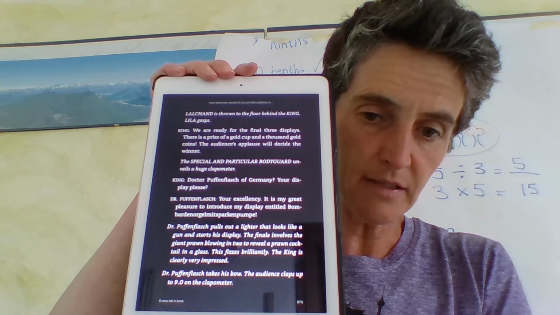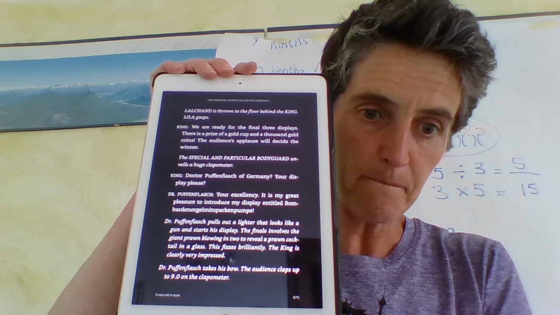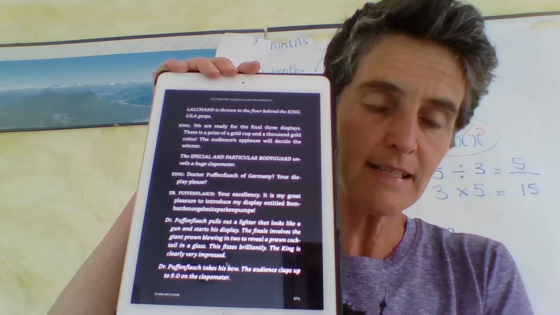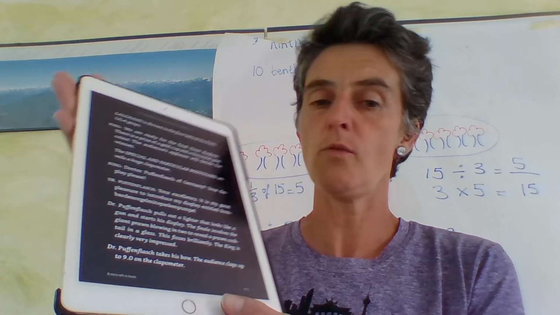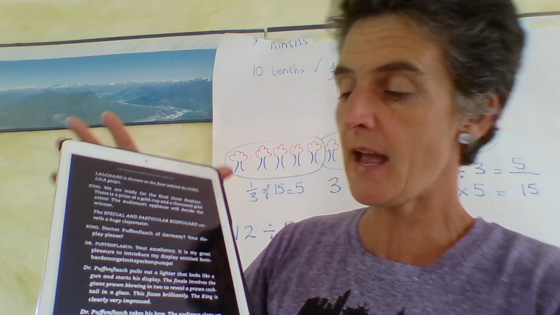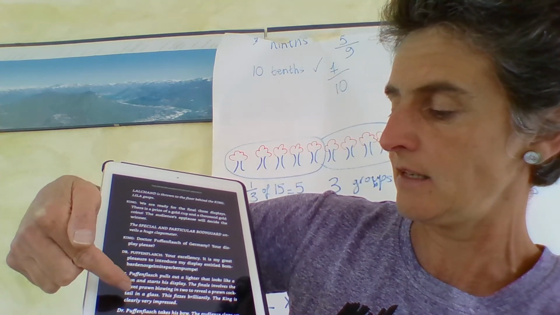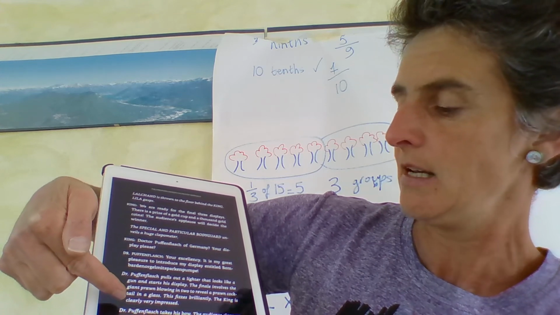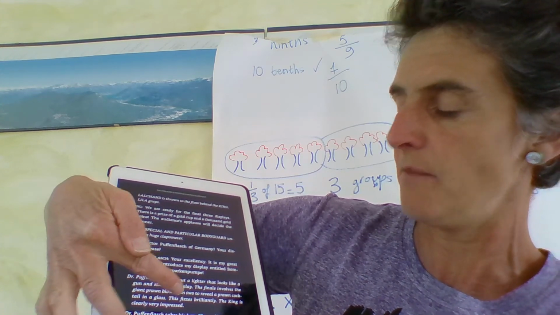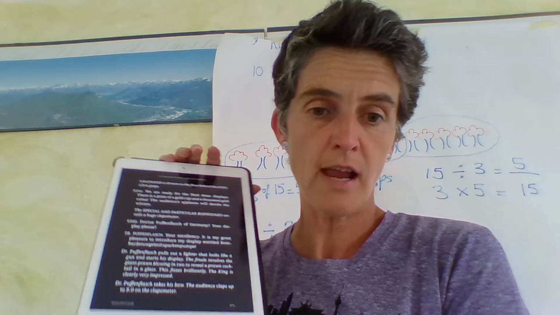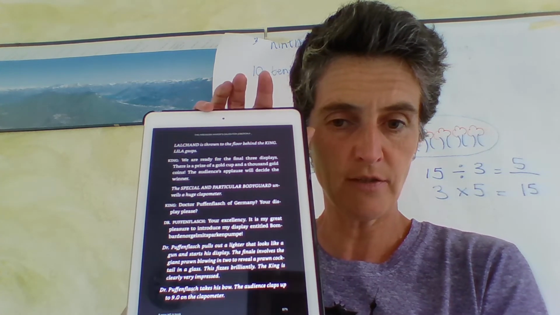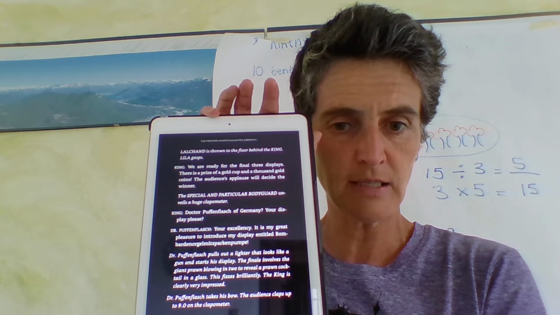Then obviously we reminded ourselves about stage directions, so the way in which the playwright might want the actor to say something or act. So here we've got the king is clearly impressed. Dr. Pufenflasche takes a bow. So they're not character words, they're stage directions.